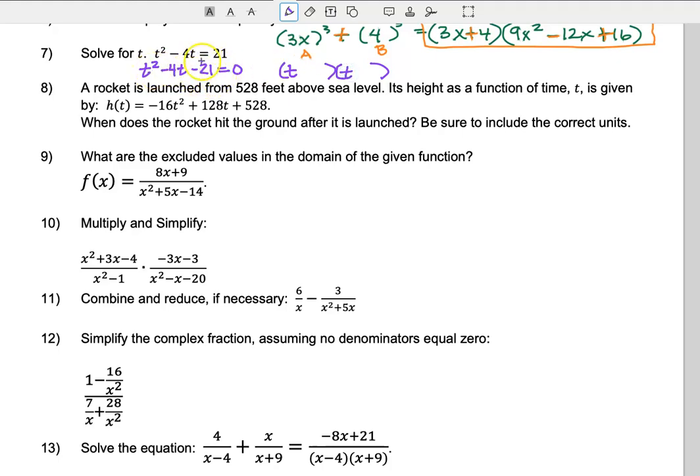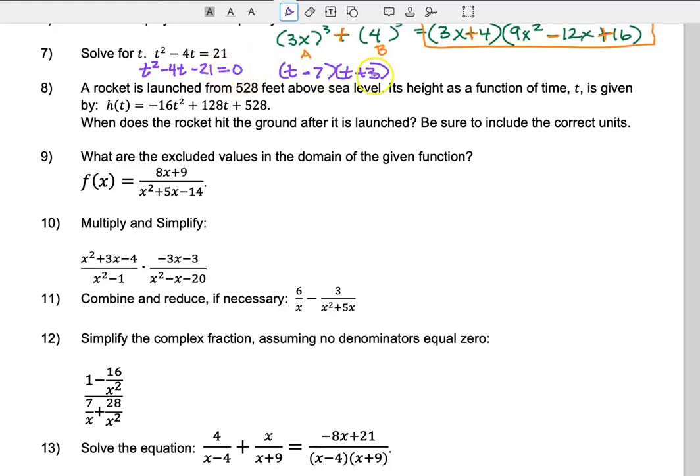What times what is negative 21 that adds to be negative 4? We're going to have 7 and 3. 7 times 3 is 21, but one of them needs to be negative in order for it to be negative 21, and since we have a negative 4 in the middle, that means our bigger number needs to be negative there. So we're going to have t minus 7 times t plus 3.